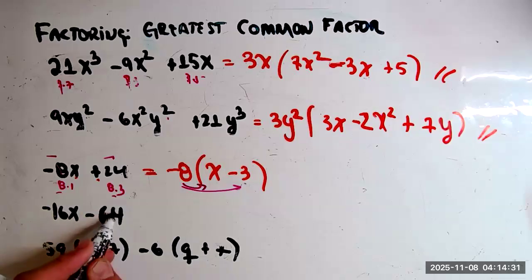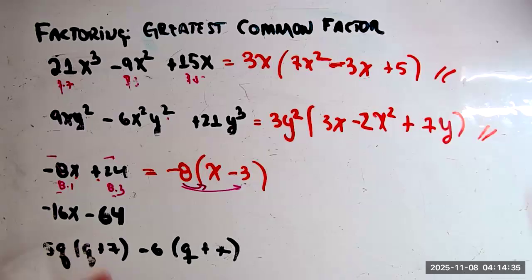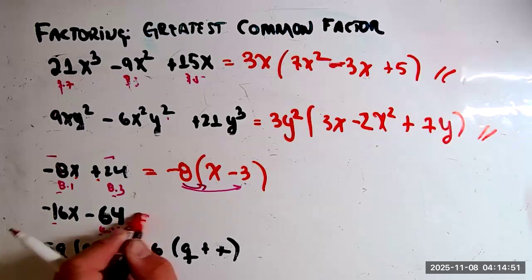And this is very similar. 64 is 16 times 4, to know that 16 is also the greatest common factor. However, the lead coefficient is negative, so we factor out the negative as well.